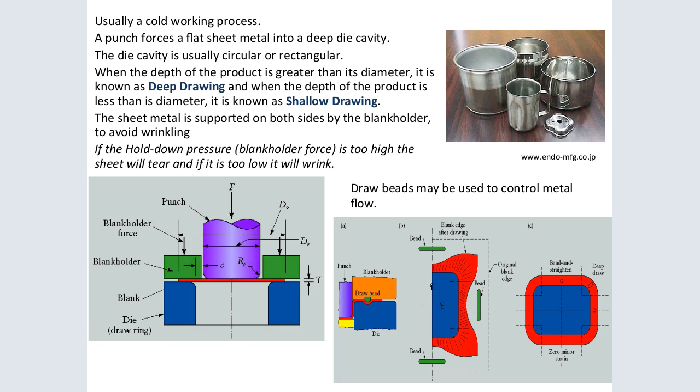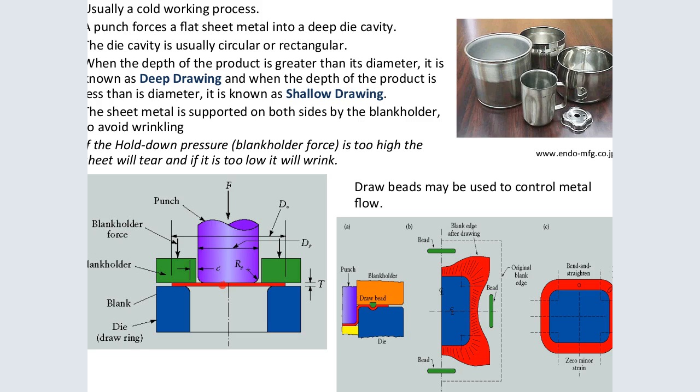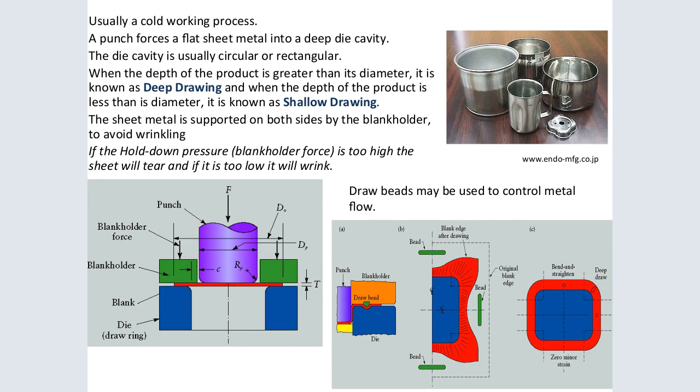So the sheet metal is supported on both sides by the blank holder to avoid wrinkling. If the hold-down pressure, that is the blank holder force, is too high, then the sheet will tear, and if it is too low, it will wrinkle. So these are the parts of the cold working process.